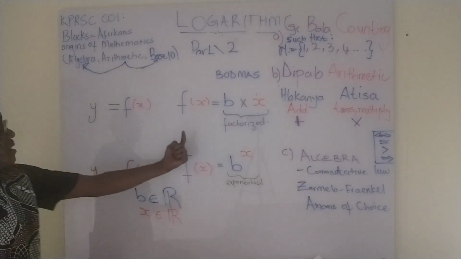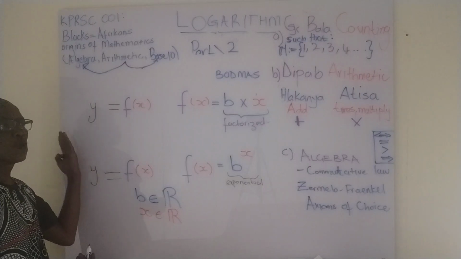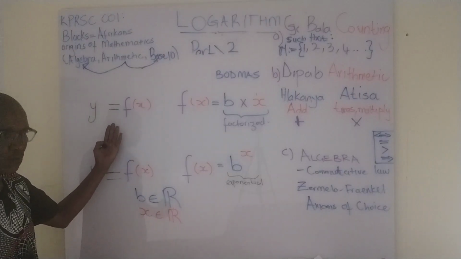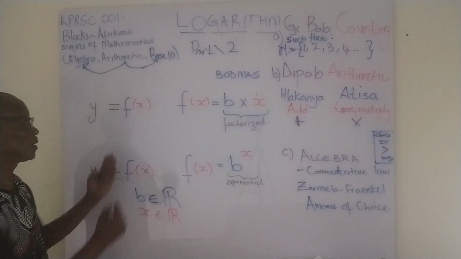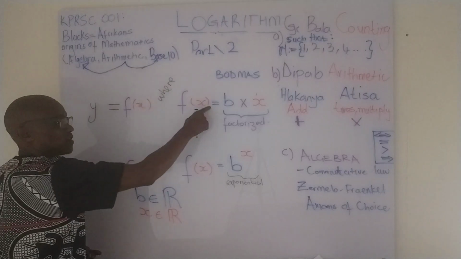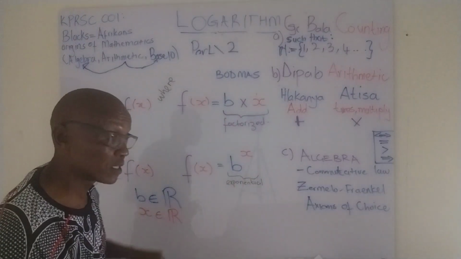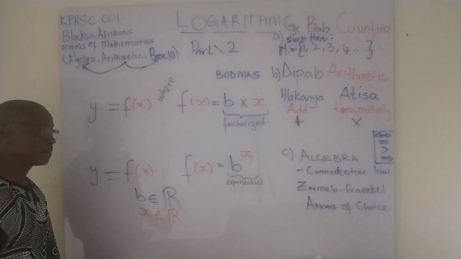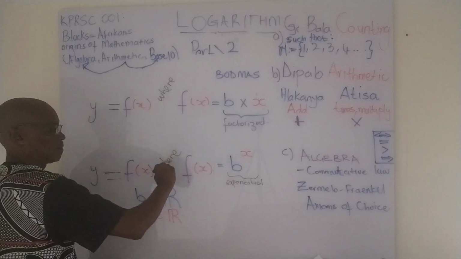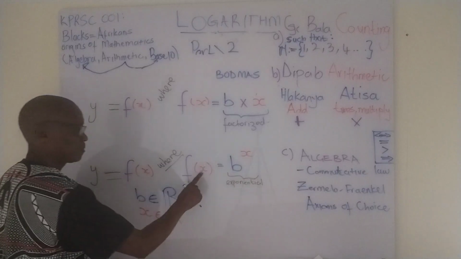So now, because I've been writing backwards, when you read it, it says y is a function of x. But you're going to ask a question, what is a function of x? Well, I'm going to tell you. A function of x is an expression in terms of your choice. You see, I'm playing with words. Where f of x is an expression in terms of your choice.